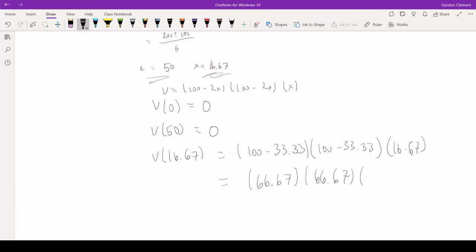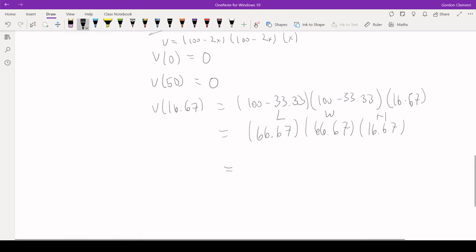And I'm going to actually calculate each bracket down to a number, because now I see the length, width, and height of the resulting box.